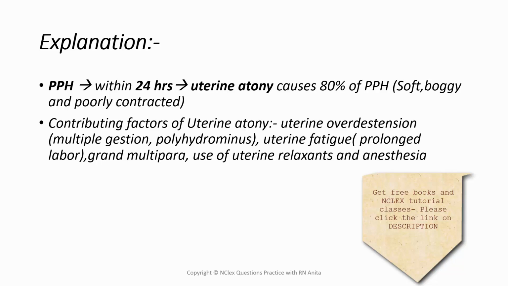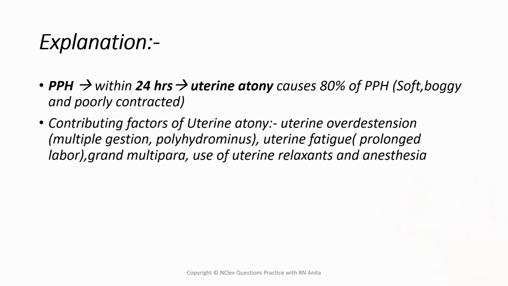All these factors contribute to uterine atony, and if there is no contraction of the uterus after delivery of the baby, then there is no compression of the blood vessels, and this leads to hemorrhage.